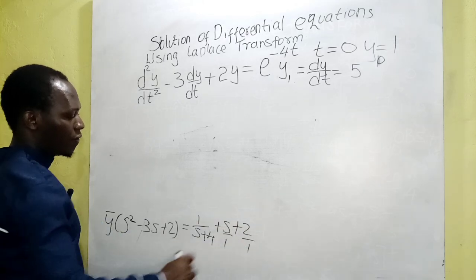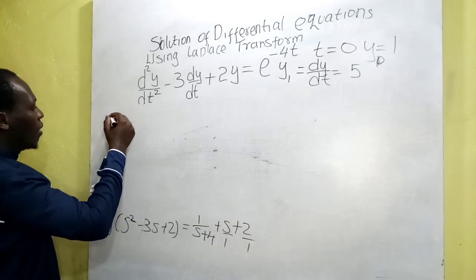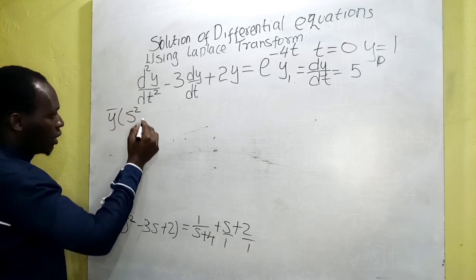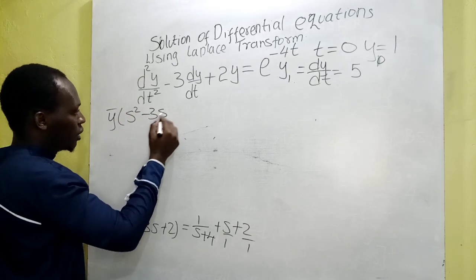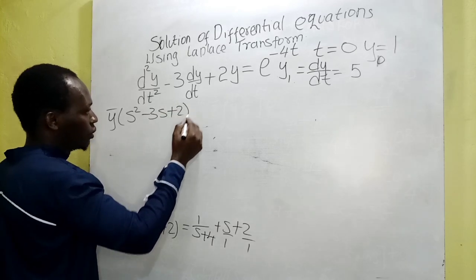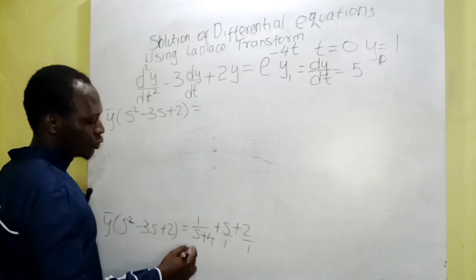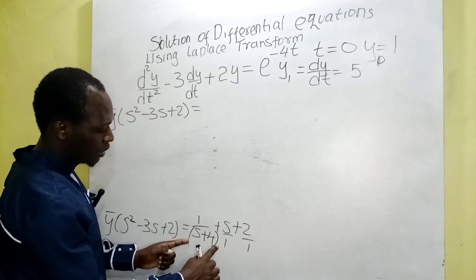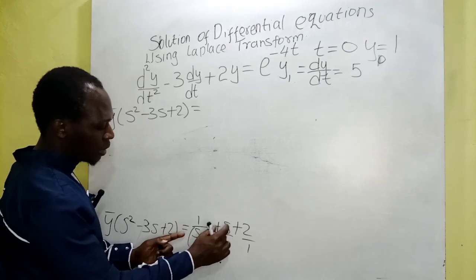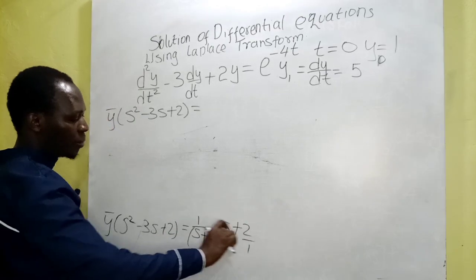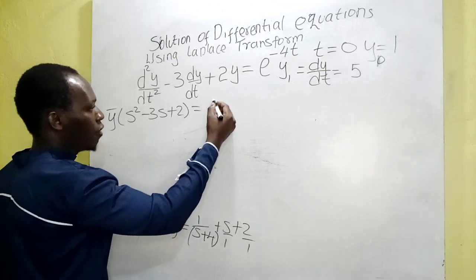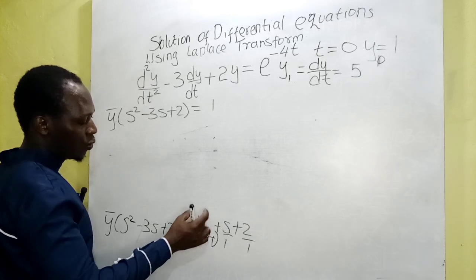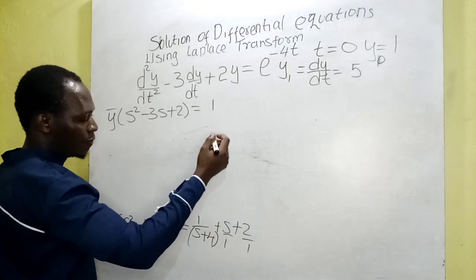When we simplify our function, we will have y bar into s squared, we subtract 3s, we add 2. Everything is going to be equal to, we take whatever we are having within our denominator, we multiply by our first term, second term, and the third term. When we do that, we are going to have 1, because when you take whatever we are having here and multiply by itself, we are going to have 1.